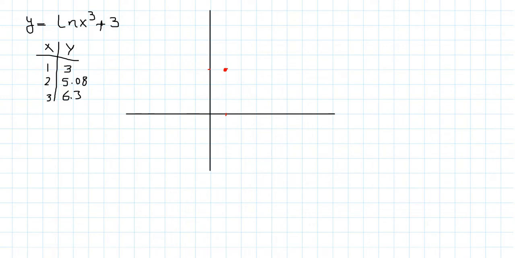And 2 by 5.08, so it is near 5. Then 3 by 6.3. It should be like this. And because it is not even, I cannot reflect it to the y-axis, so easily I drew it. It is the graph.